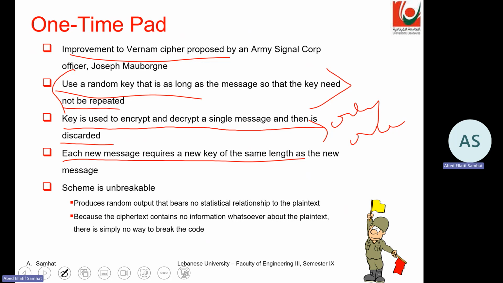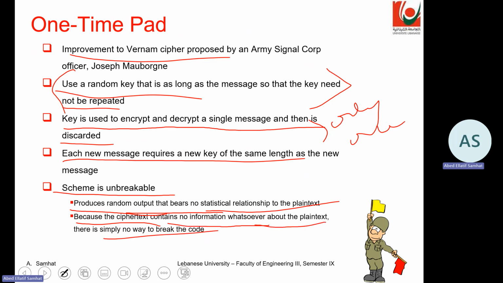And this is one of the most robust schemes because it's unbreakable: you produce random output, and there is no statistical relationship with the plain text. For each message you generate a new key, and this key is as long as the plain text, and that's why it's really a robust scheme, because the ciphertext contains no information whatsoever about the plain text.